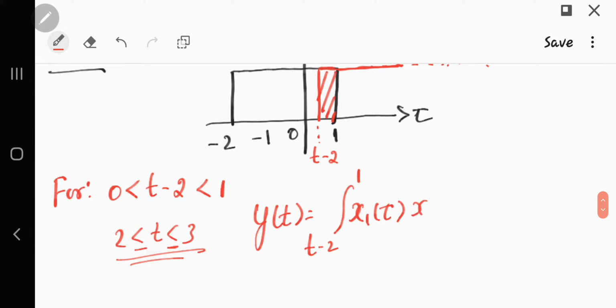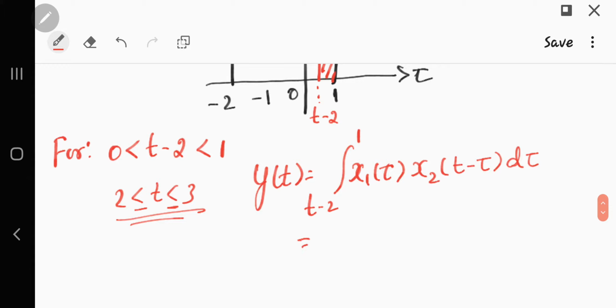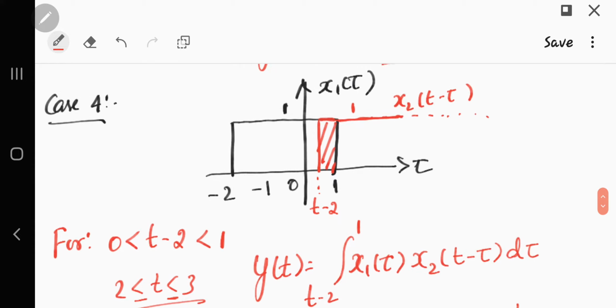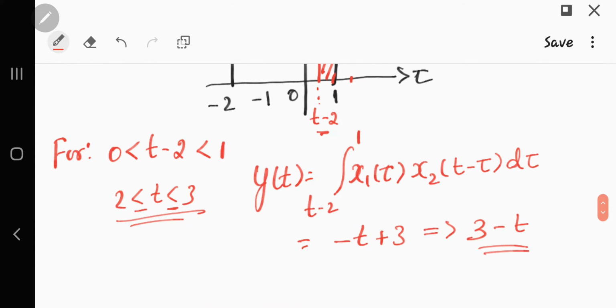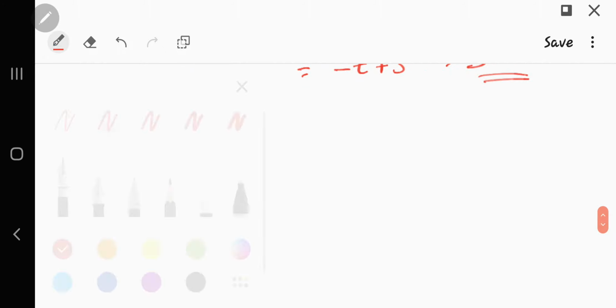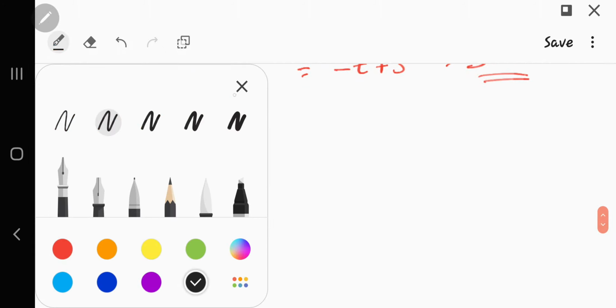We have to take the product of x1 of tau and x2 of t minus tau. Since the limit is the same, you will get the same answer as the previous one. Okay, so that's the final answer for this case. Now in the next case, I will move this t minus 2 here. Okay, and let's see what happens. So going to the next case, we take it as case 5.